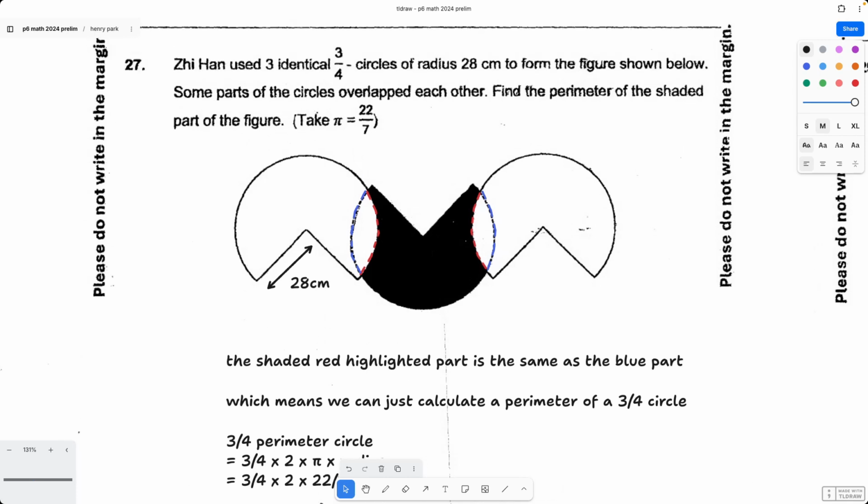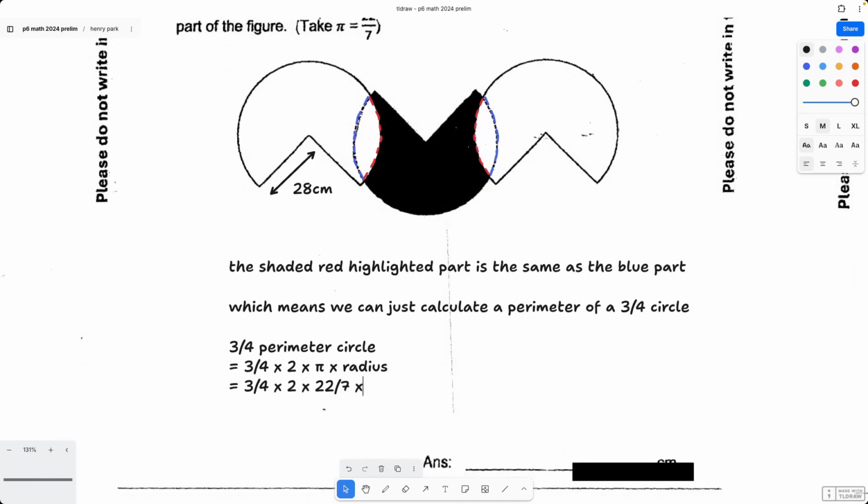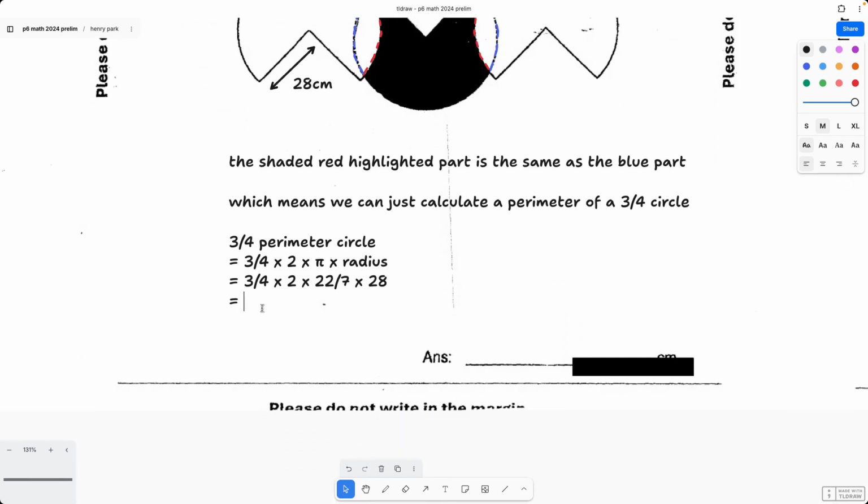Let's double check, radius 28. So multiply this by 28. Over here, we will just calculate this first. 22 over 7 divided by 28 is basically this whole thing, all right, times 4.